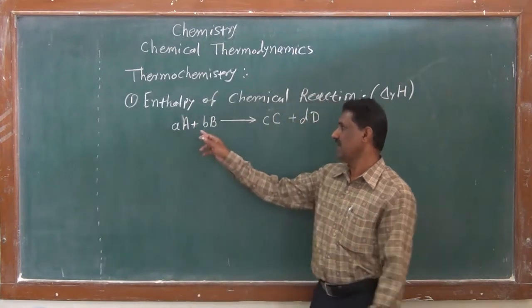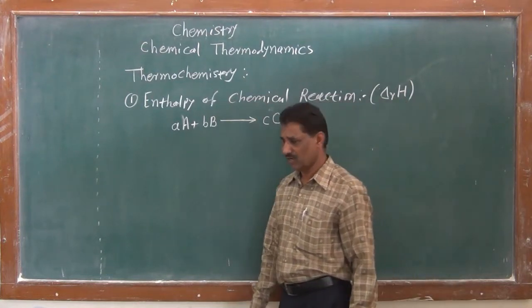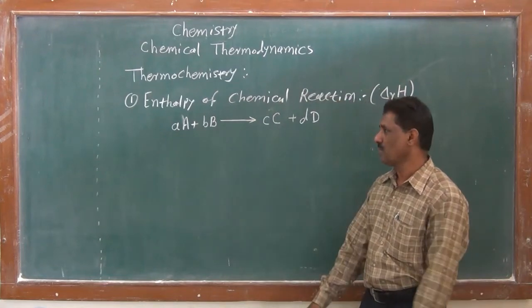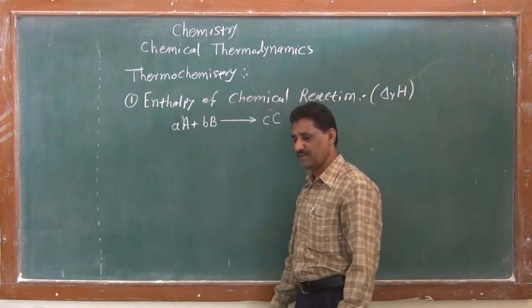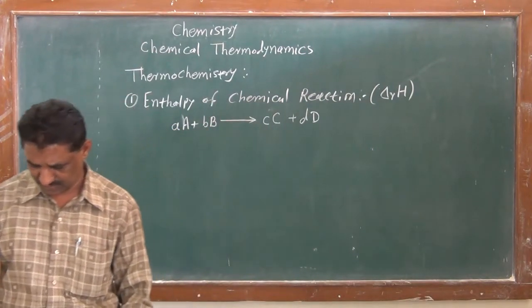In this reaction, A and B are reactants and C and D are products. Here small a and small b are the coefficients, meaning the number of moles of the reactants. Small c and small d are the number of moles of products.